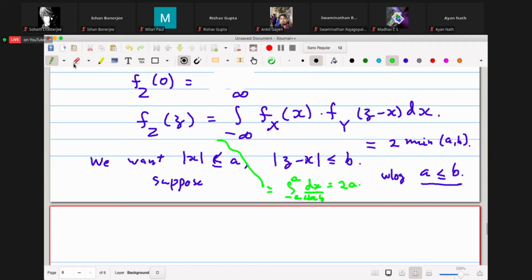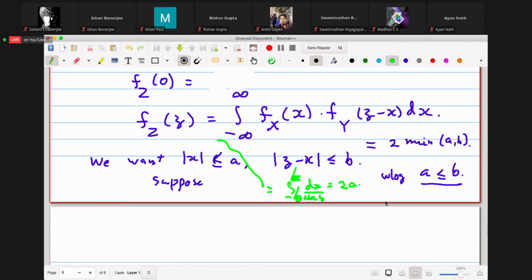It should be B. When A is less than or equal to B, it could so happen that, because I'm subtracting something from here, right? So it is quite possible that z minus a is less than or equal to b. So this could be that I need to have B here and B here.